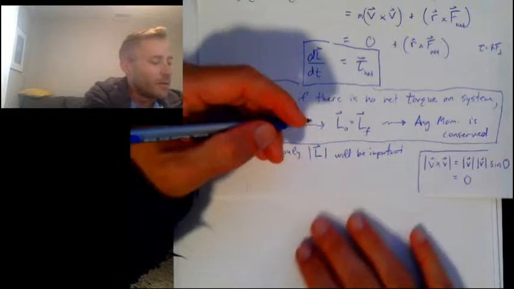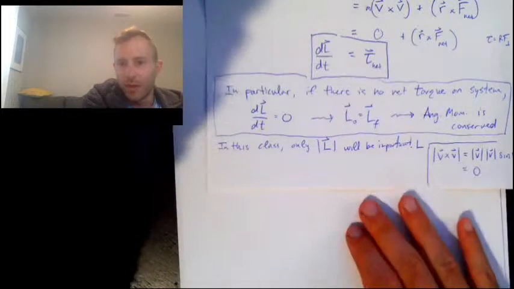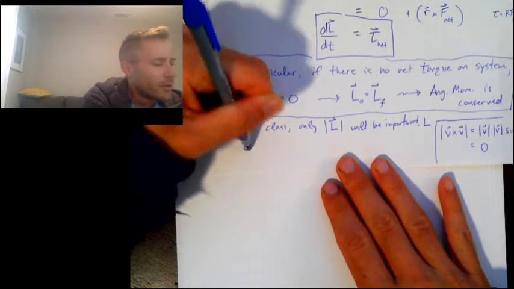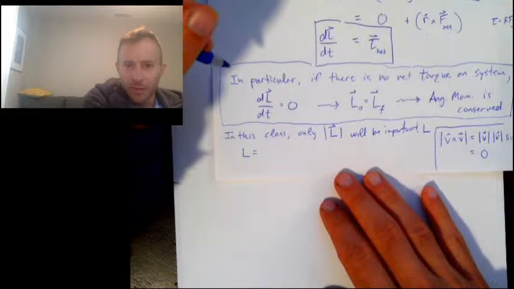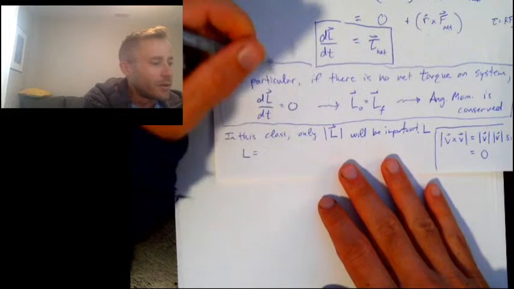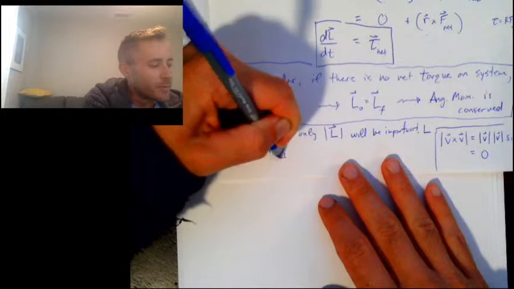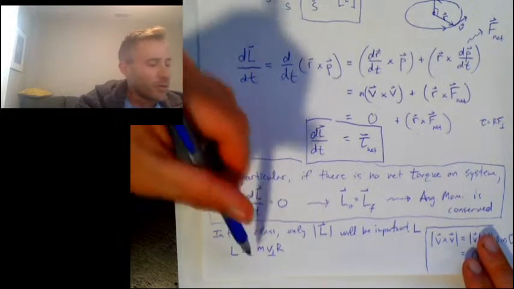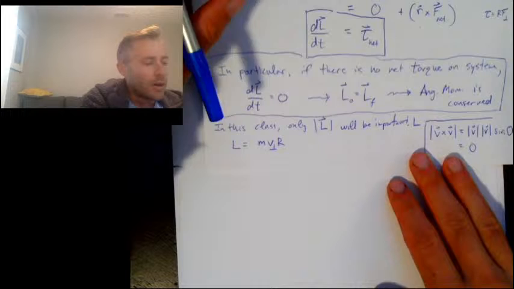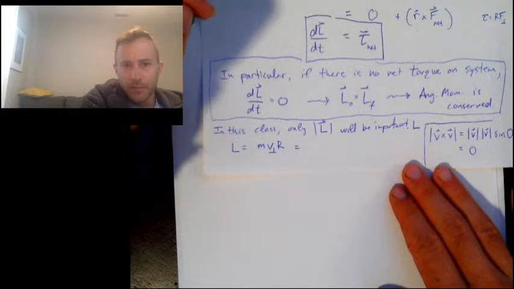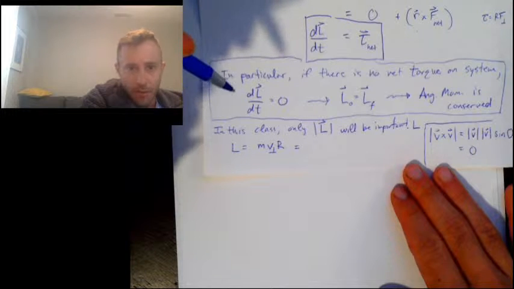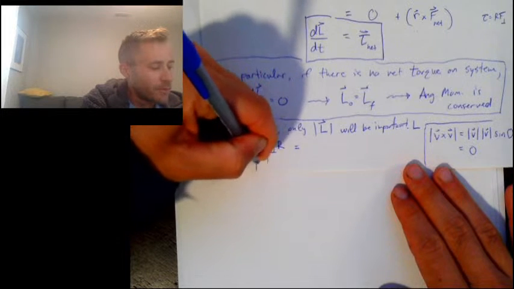So I'm going to call that L, just without an arrow over it. And so the magnitude of the angular momentum vector is going to be m v perp times r. All right. So that is the angular momentum, for a point particle.